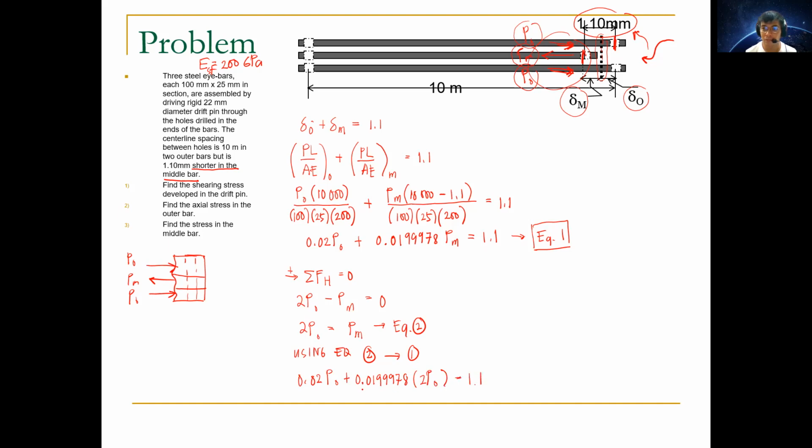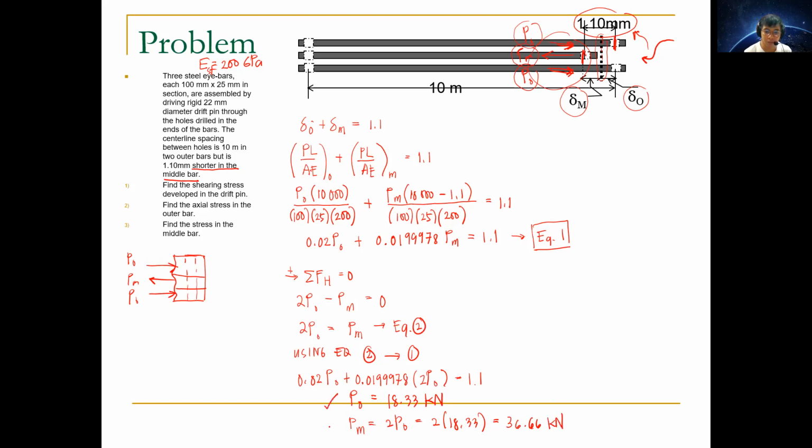Notice that we have one variable only in the equation, so we can now solve for P sub O, which is equal to 18.33 kilonewtons. For P sub M, it's just twice P sub O, so 2 times 18.33, which gives us 36.66 kilonewtons.